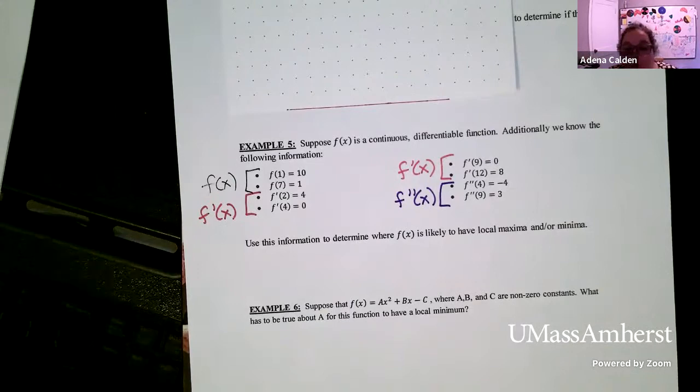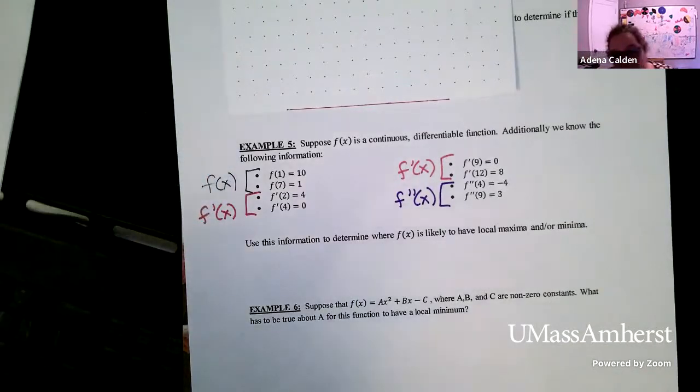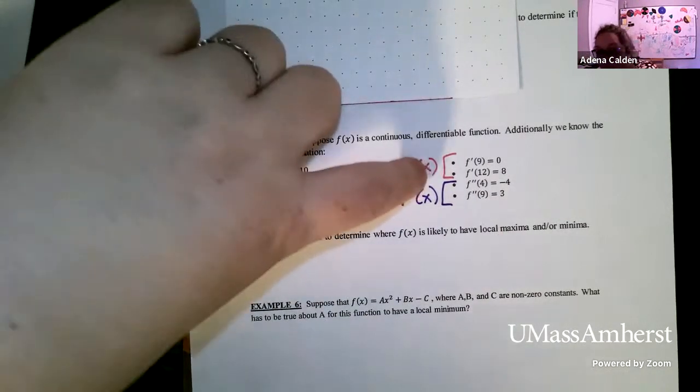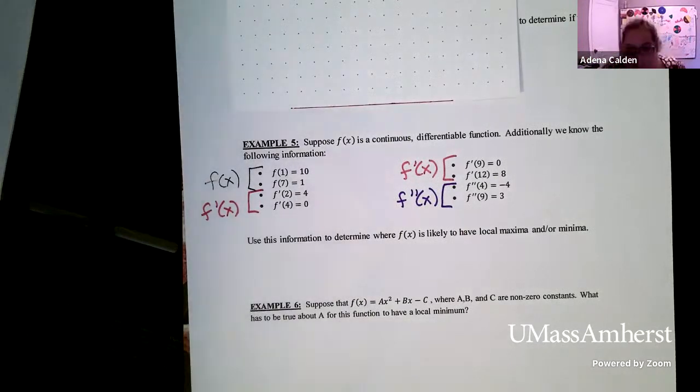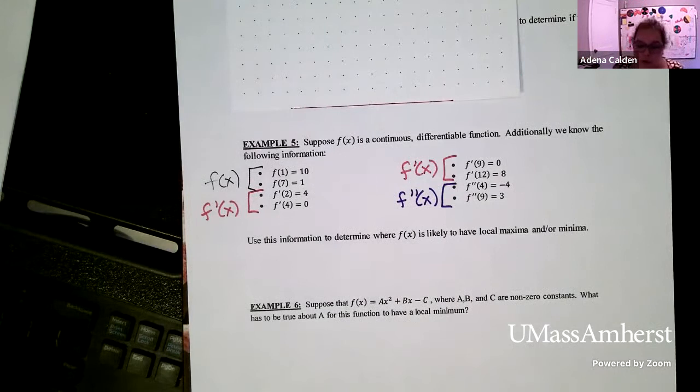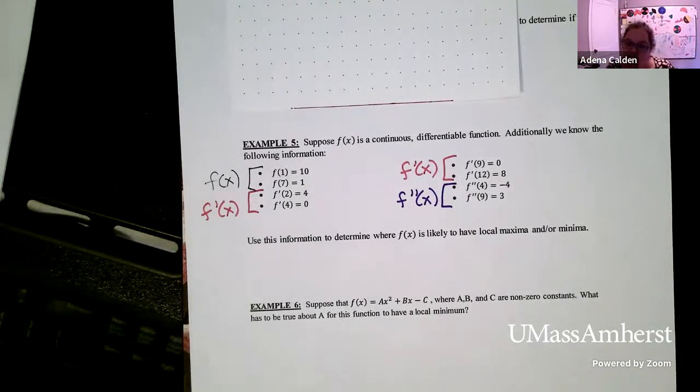All right, so I've broken down the information we have by type. We have information about f of x, f prime of x, and f double prime of x. In order to even begin thinking about where we have local maximums and minimums, we need to think about where the critical points are. Critical points happen when the first derivative equals 0.